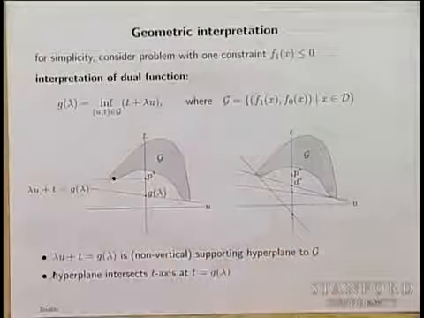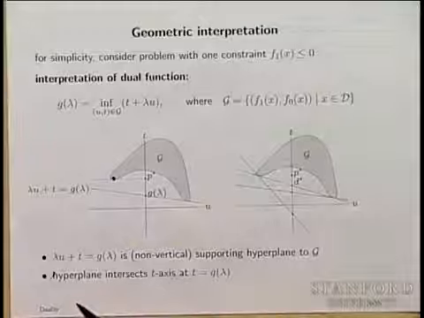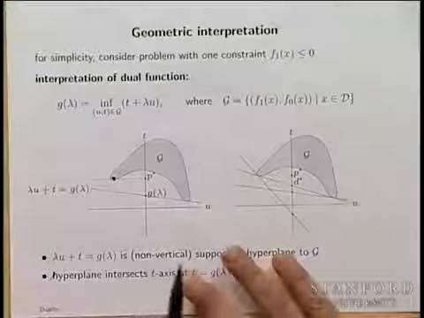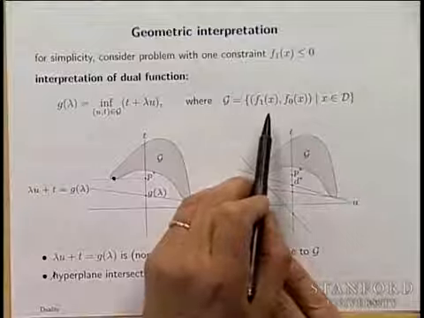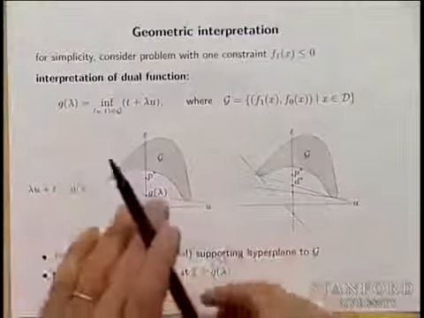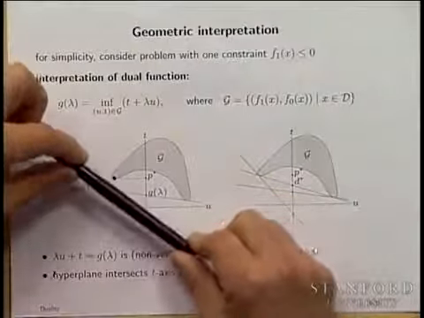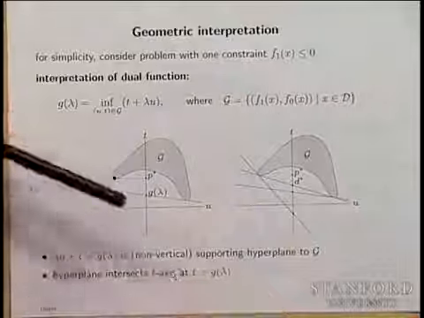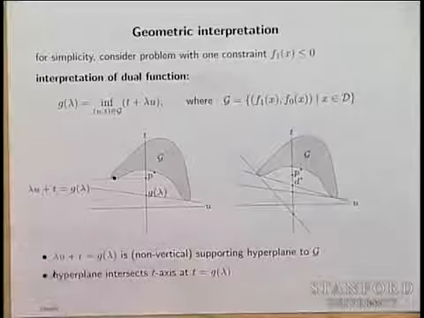Now let's see what the dual is. How do you get Lagrange duality in this picture? Well, Lagrange duality works like this. You minimize f0 plus lambda f1. Now, on this plane, that corresponds to taking something like this, and it's got a slope of, let's see, if that's u, it's slope minus lambda.